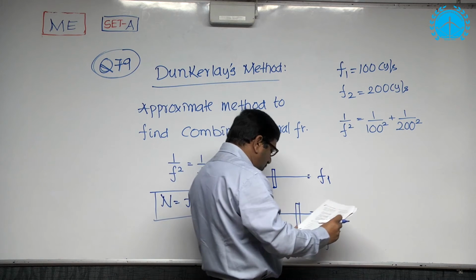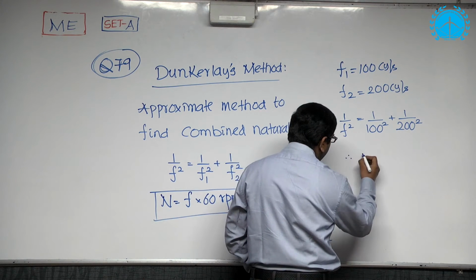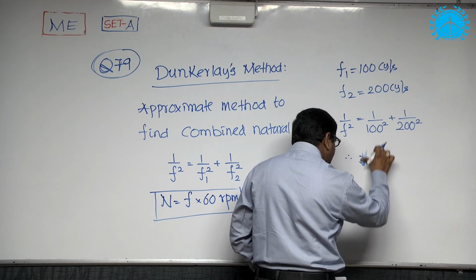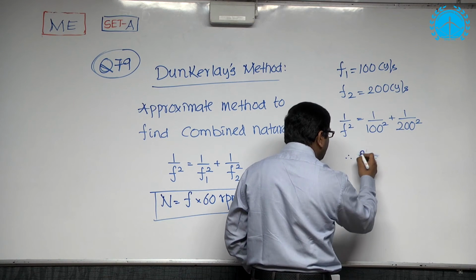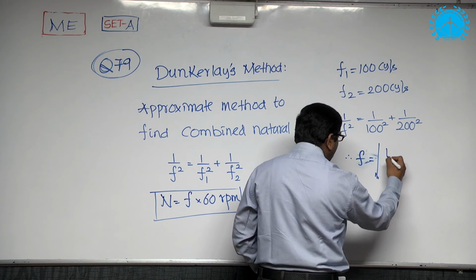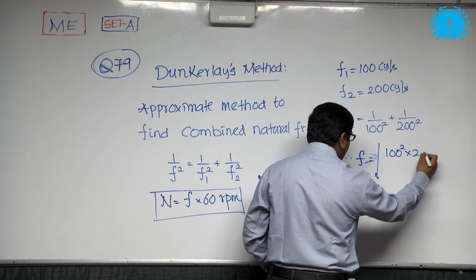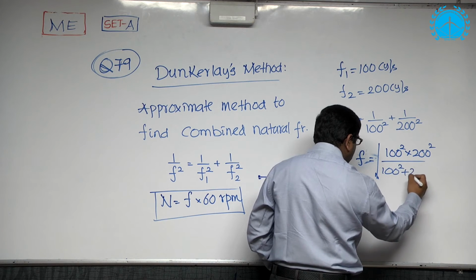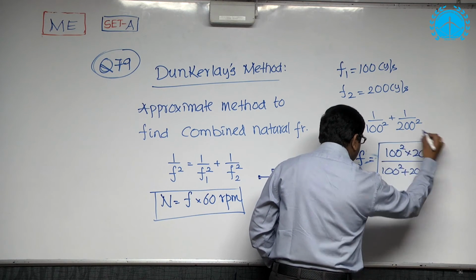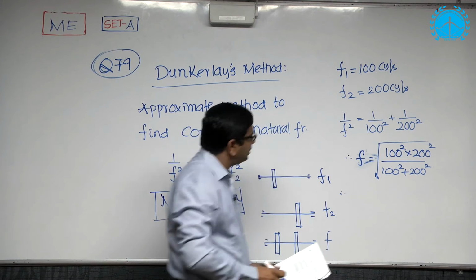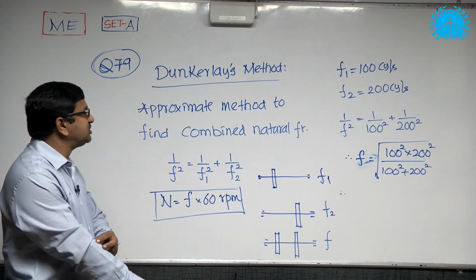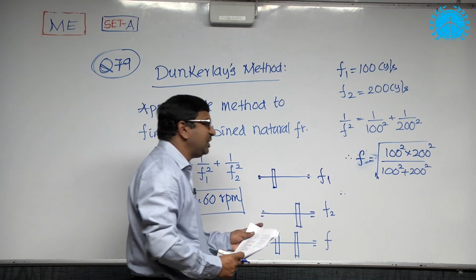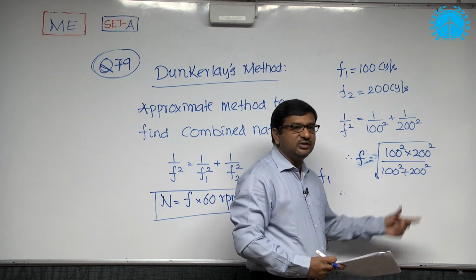Then f is the square root of 100 square into 200 square divided by 100 square plus 200 square. The difficulty is not in the way of the problem, but in getting this value without a calculator.